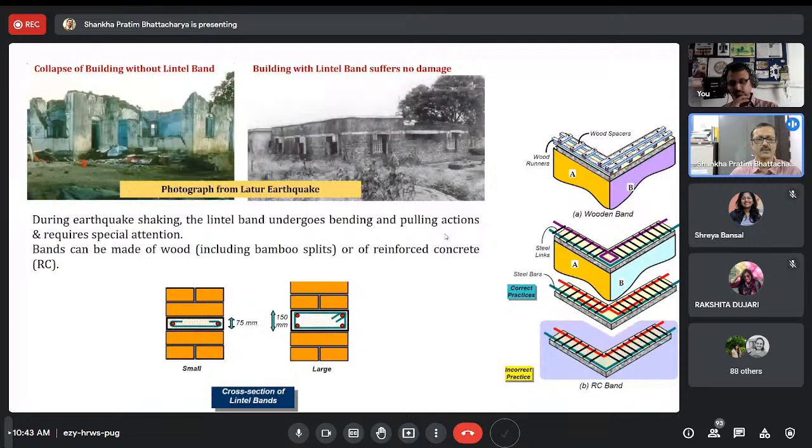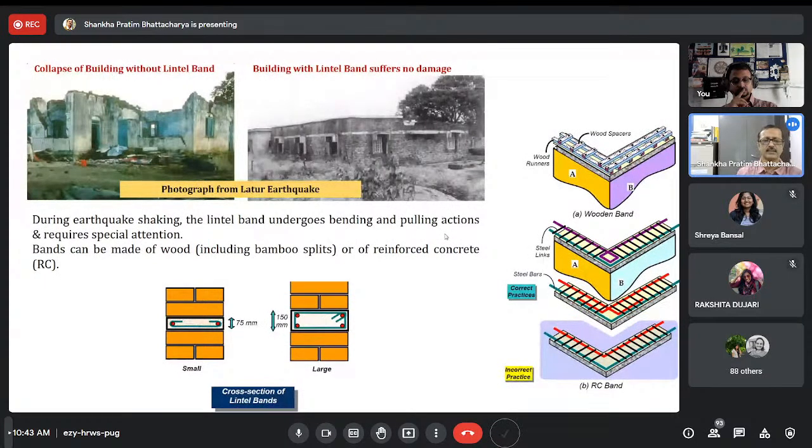If you think of going a little larger, 150 mm, which is 6 inch, which generally we go for as lintel beam depth, accommodating chajja and all. Okay, 75 is the bare minimum. You can actually continue the 75 mm, that is 3 inch depth of the lintel band, throughout your building.